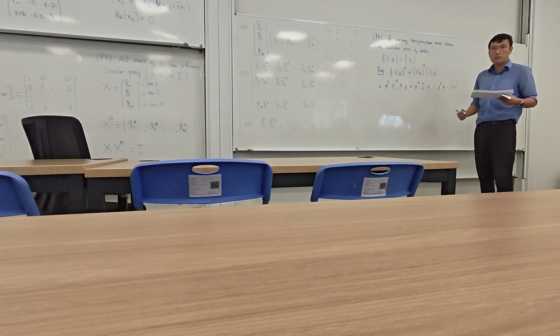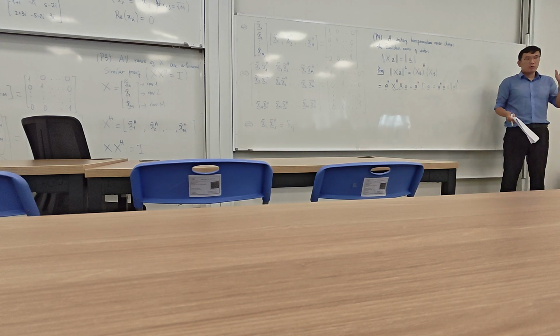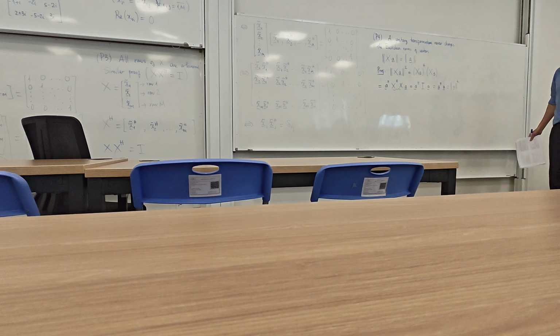And then we finish the proof. It means that if you have X here, a unitary matrix, you multiply with a vector A, then the new vector XA has the same Euclidean norm. Okay, that's property 4 of unitary matrix.